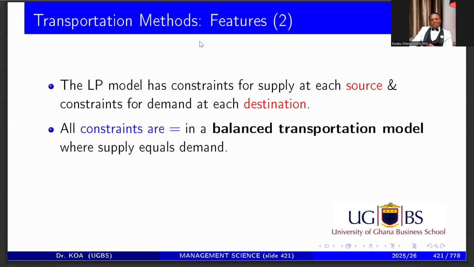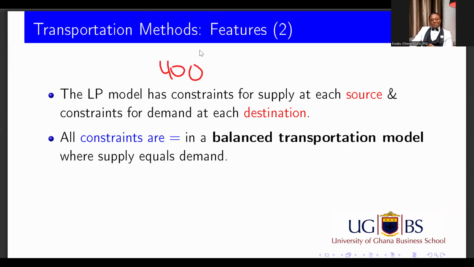The Accra and the Pokwasi here are the supply. And the total number of items from Accra and Pokwasi, if combined together, is 400. And the total number of items being received at the other 3 stations combined together is also 400. Then we have a balanced transportation model.